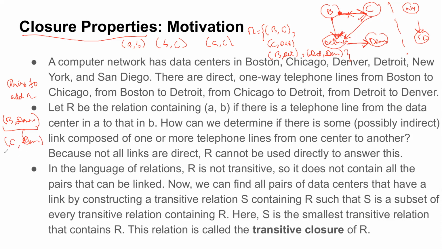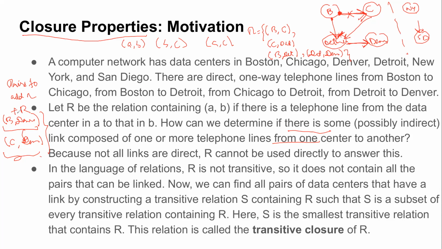One other link. So if I add all these remaining pairs to this R, then what will happen? Then can I answer all these questions, like determine the total number of indirect pairs? If I add these two pairs to R, then can I answer this question?